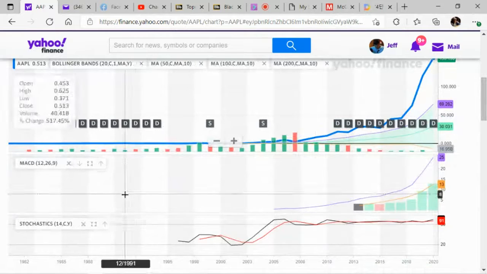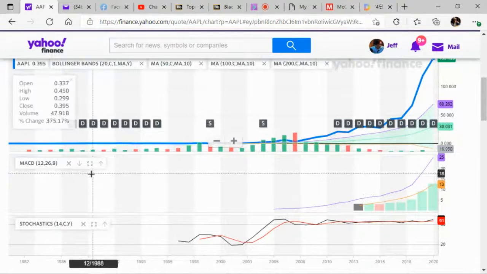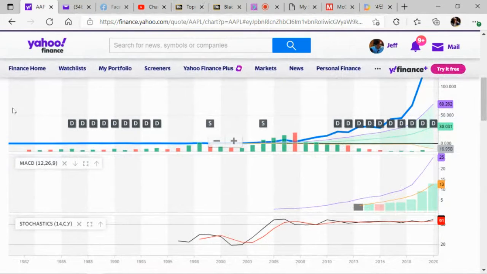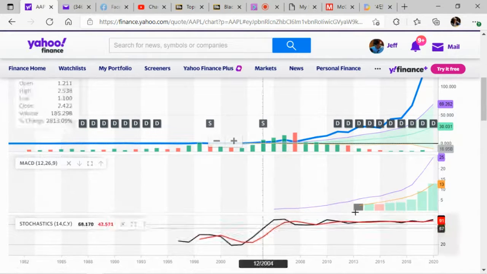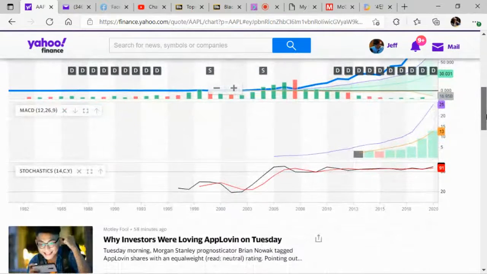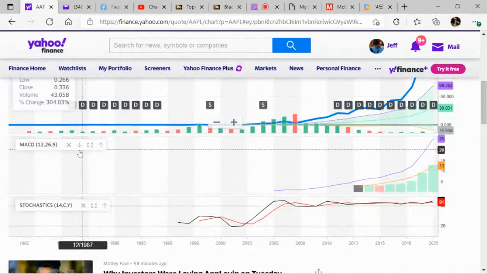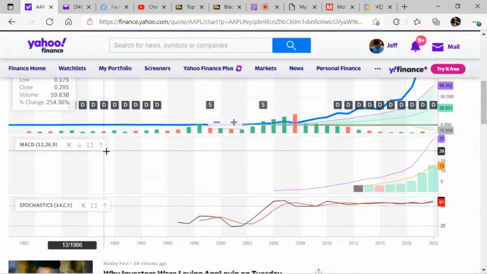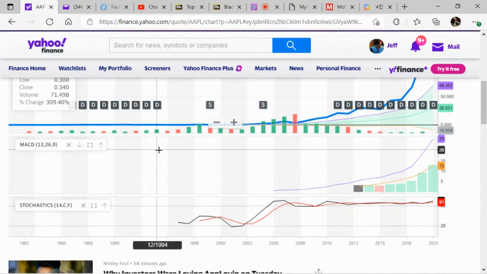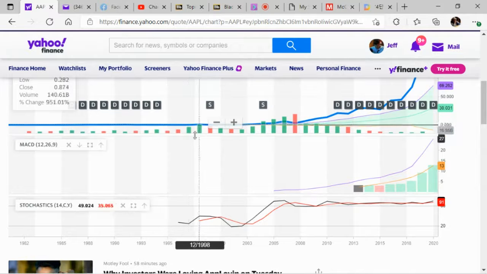Dividend is not an obligation. You see dividends here, but there was no dividend during the 1980s, and from like 85, 86, 87 they paid dividends. But 94 was the last time, and then there was a long gap.